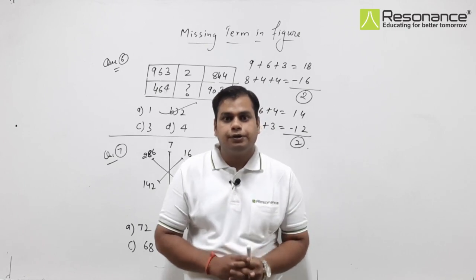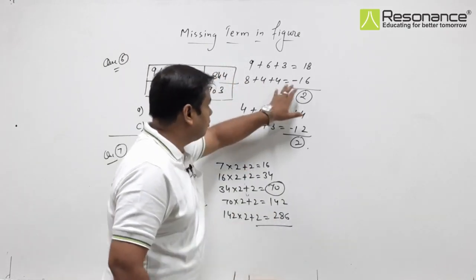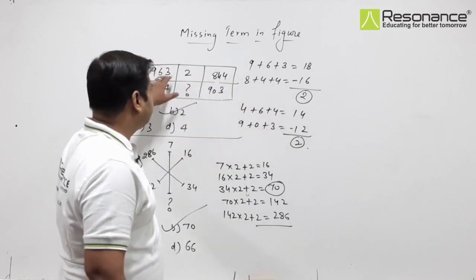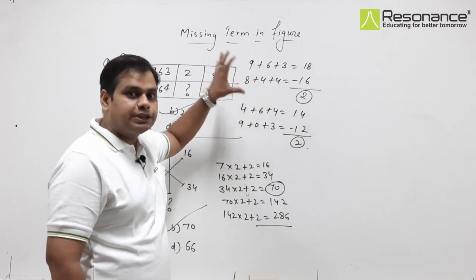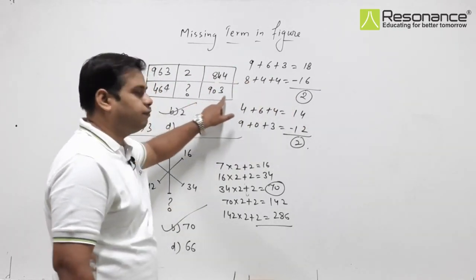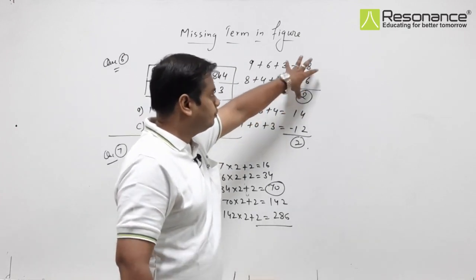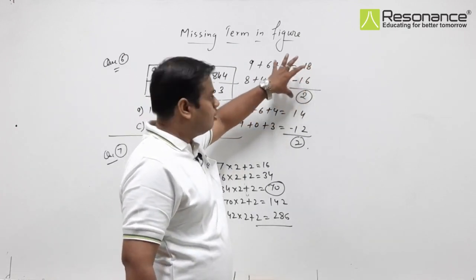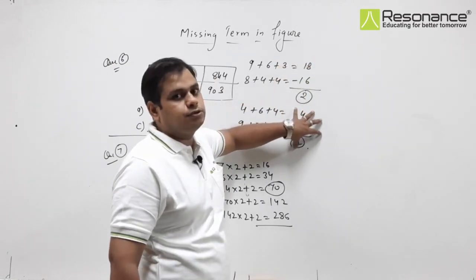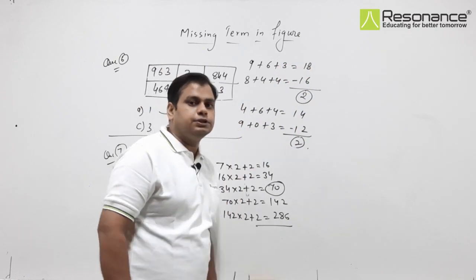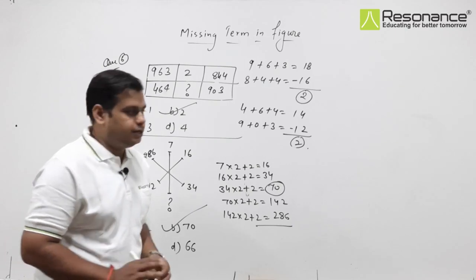Remember this thing: if you are adding or subtracting, multiplying or dividing in one relation of numbers, you have to do the same thing for the required numbers, for the resultant. We cannot change any logic.